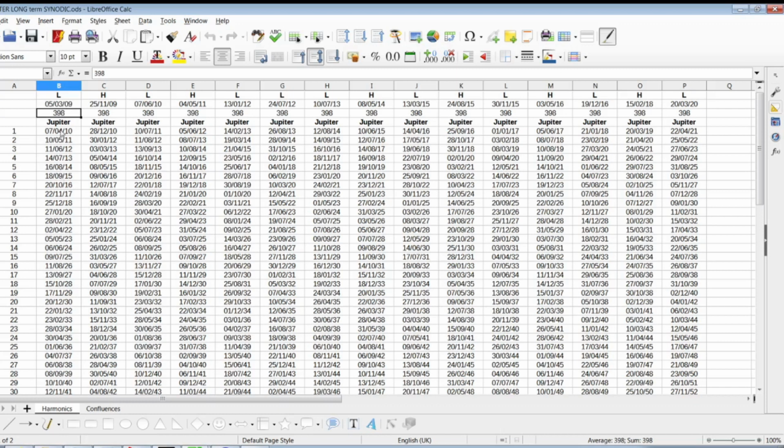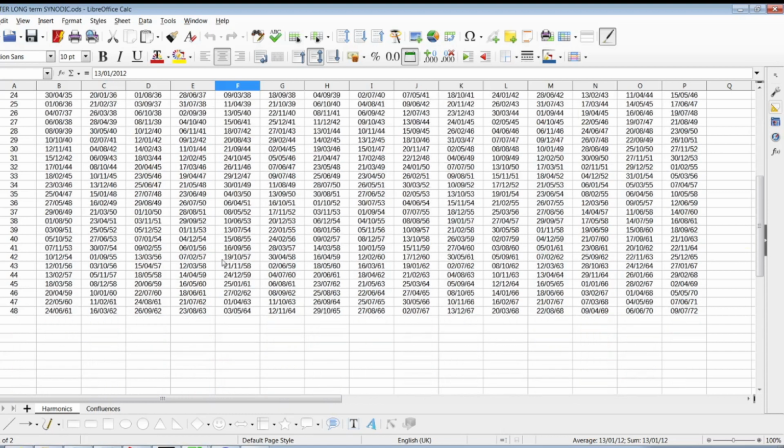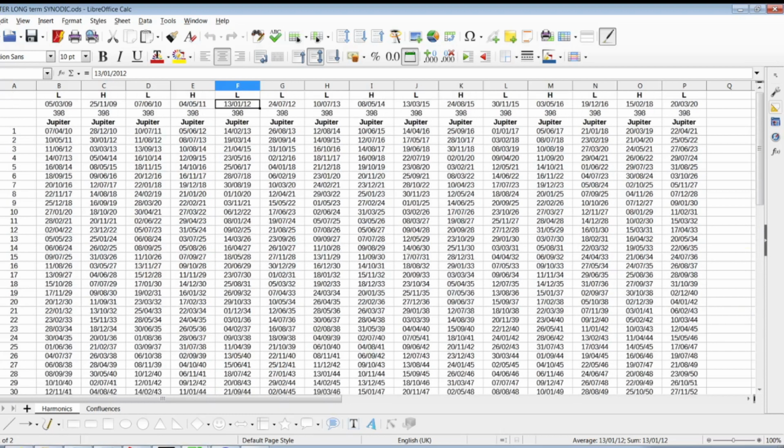One cycle, or 398 days from this date, comes here, 7th of April 2010. Twice this comes here, and so on. We've got different dates here, and these cycles are calculated, and each of these highs and lows has 48 possible full cycles calculated.